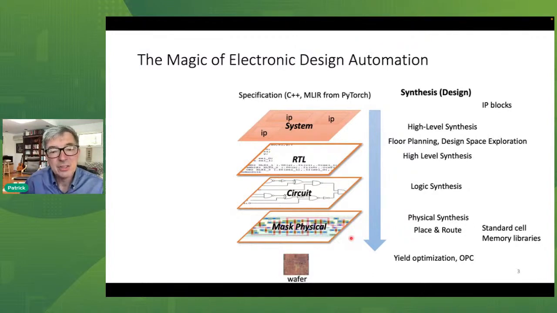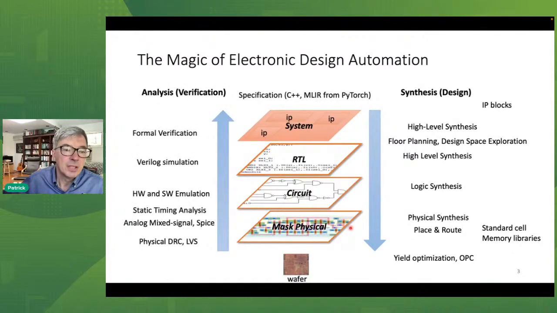If you look at these levels of abstraction here, it's important to distinguish the tools that design, like logic synthesis tools, which bring you from RTL to circuit, or a placer and router, which bring you from circuit to physical, and contrast that to the verification tools, which basically verify: is what's implemented on the mask the same as the circuit, or does the circuit match the RTL or otherwise.